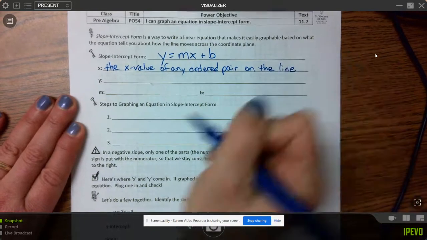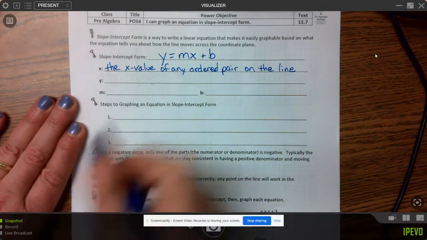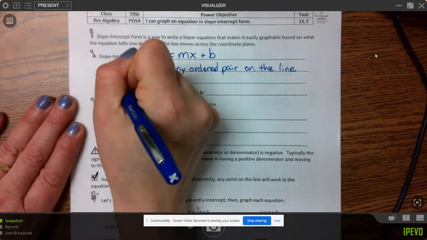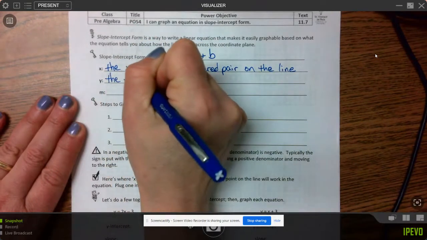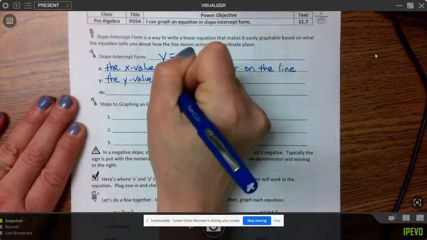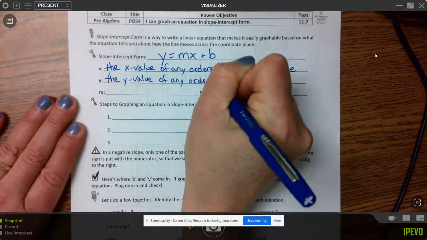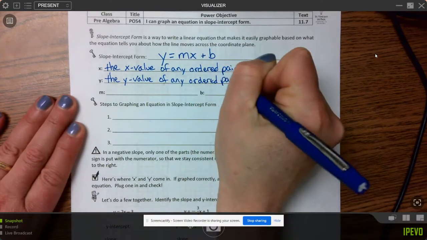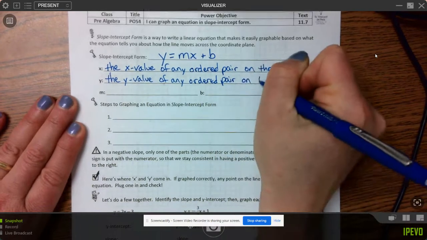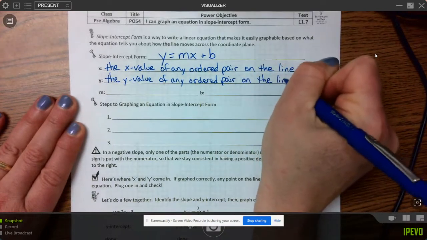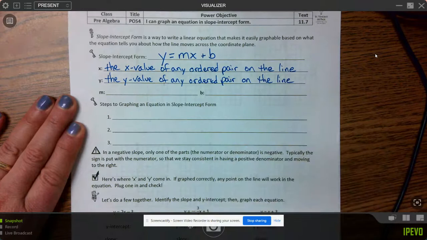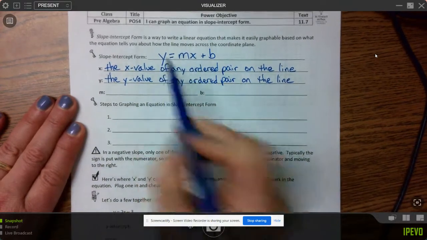So if the x is the x value of any ordered pair on the line, the y is the y value of any ordered pair on the line. So we know what our x and our y stand for.